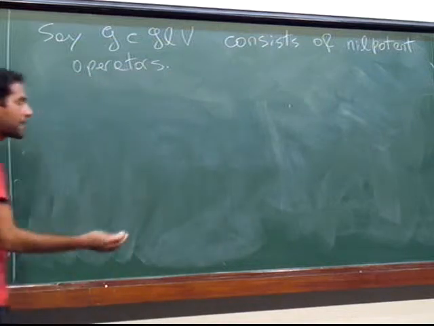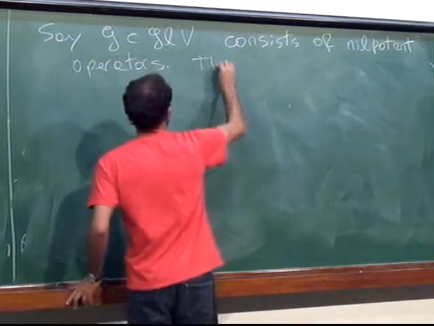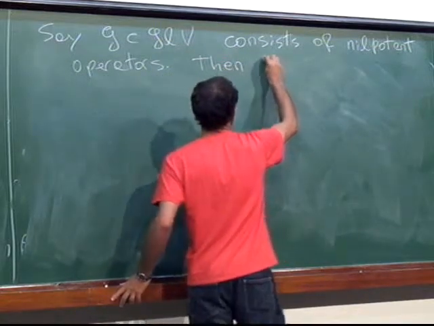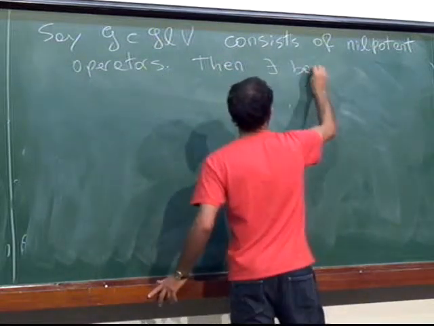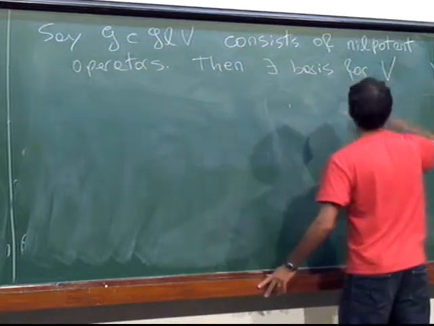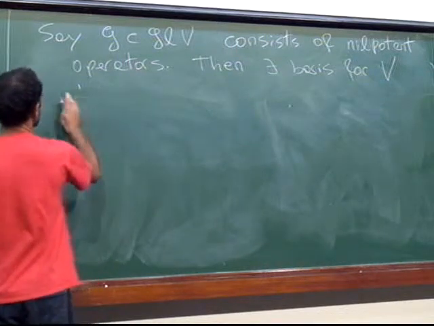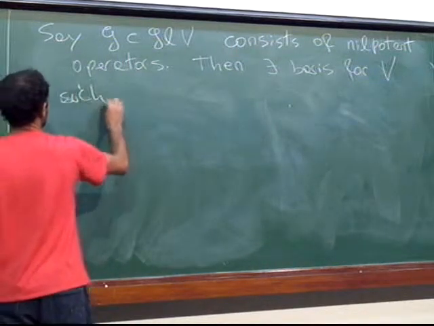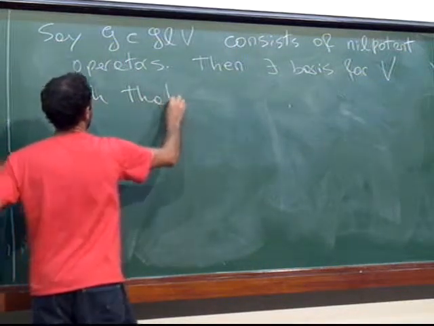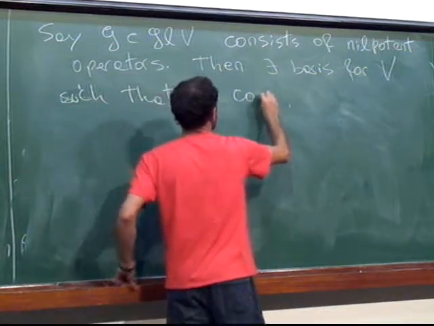Again, dimension is finite everywhere. Then there exists a basis for V such that G consists of upper triangular matrices.